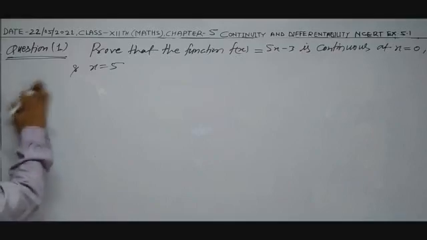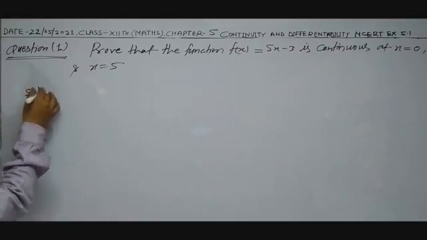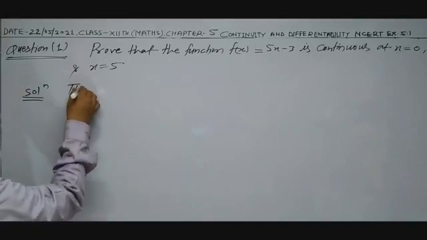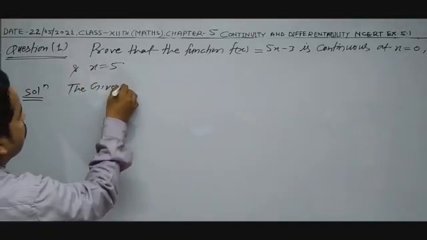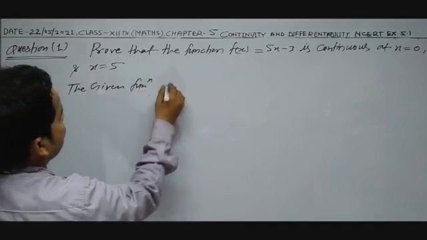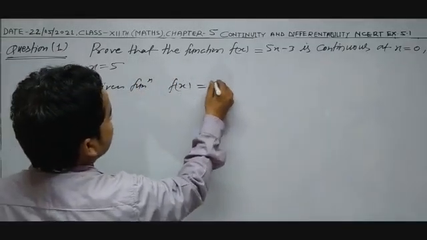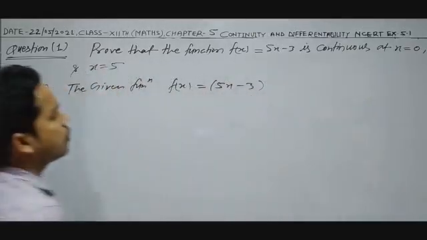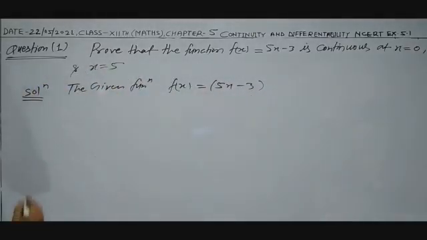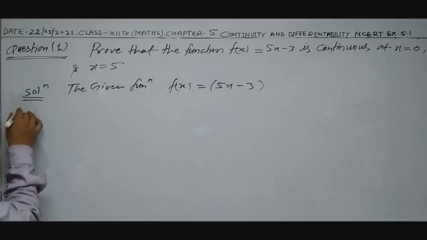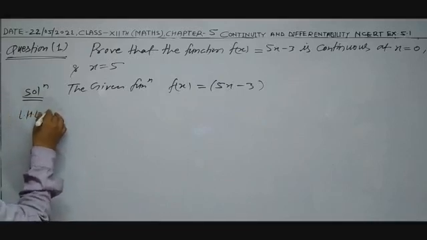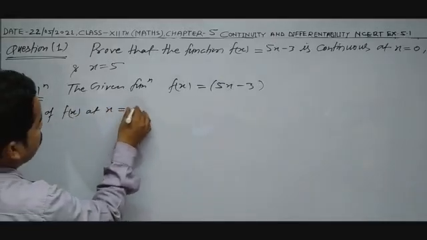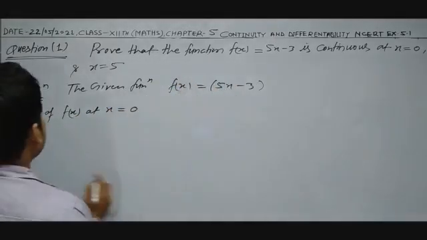Solution is: the given function f(x) is equal to 5x minus 3. So LHL of f(x) at x is equal to 0. I will check first at x is equal to 0.